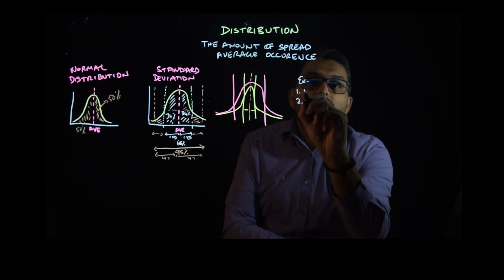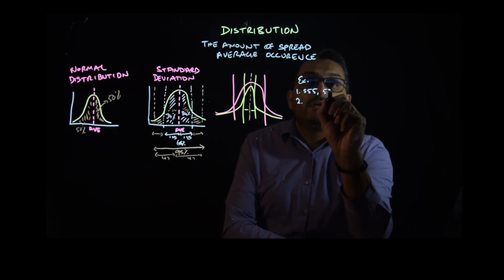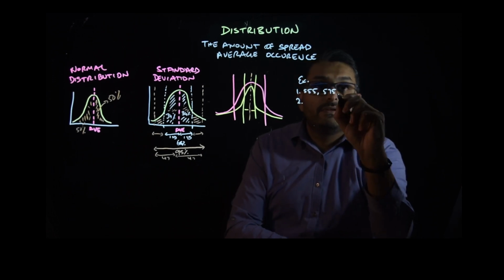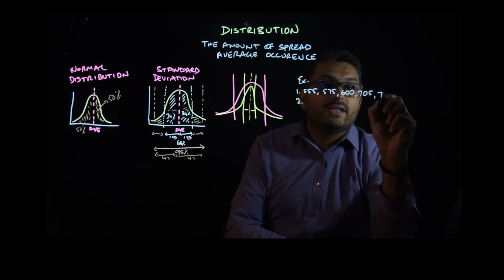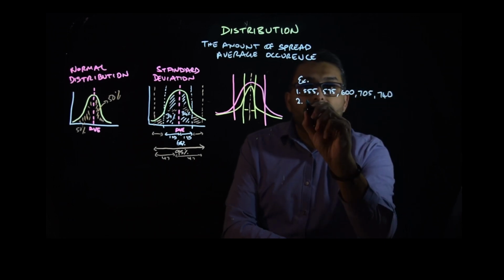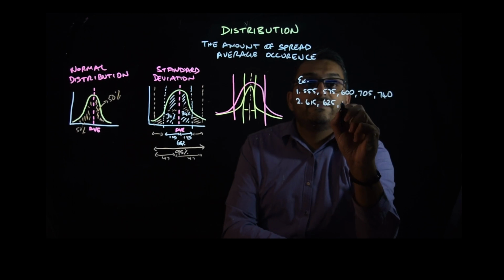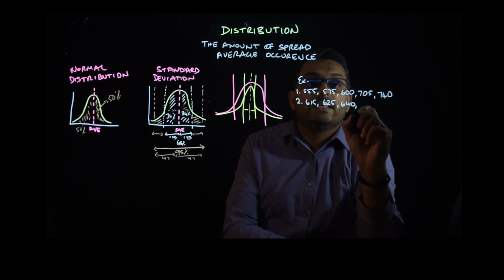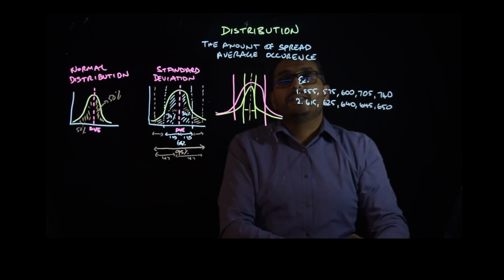Set 1, the points are 555, 575, 600, 705 and 740, and set 2, it's 615, 625, 640, 645 and 650. So these are my two sets of data.